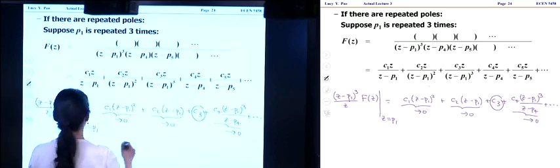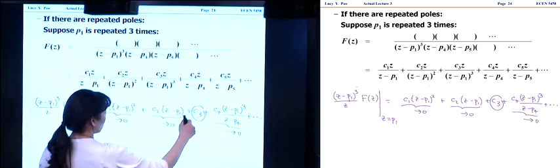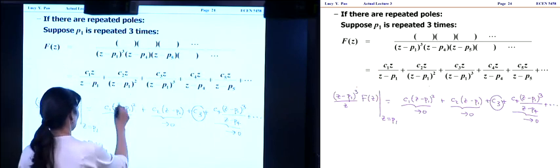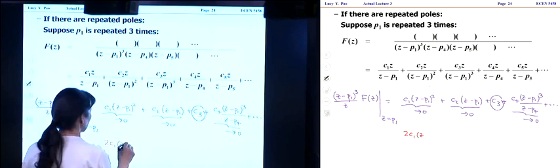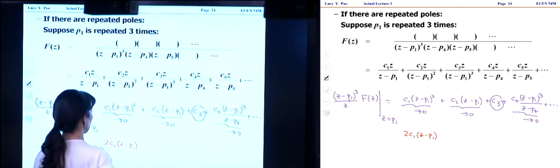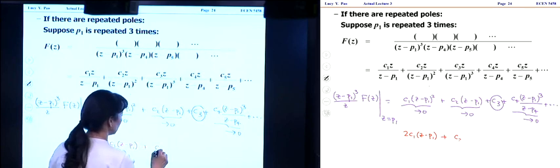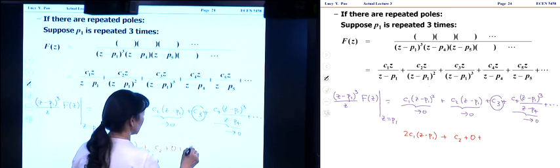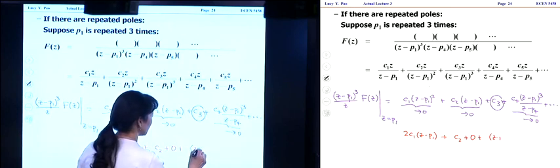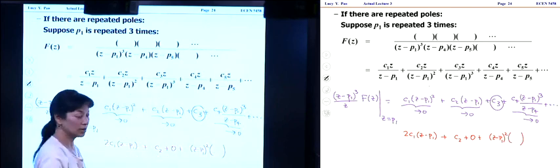So on the right-hand side, then this will become 0. This will have a 2 times c1 times z minus p1, right? This one, derivative with respect to z, is just going to be c2. That's going to be 0. And then all of these will have z minus p1 squared times something else, right?